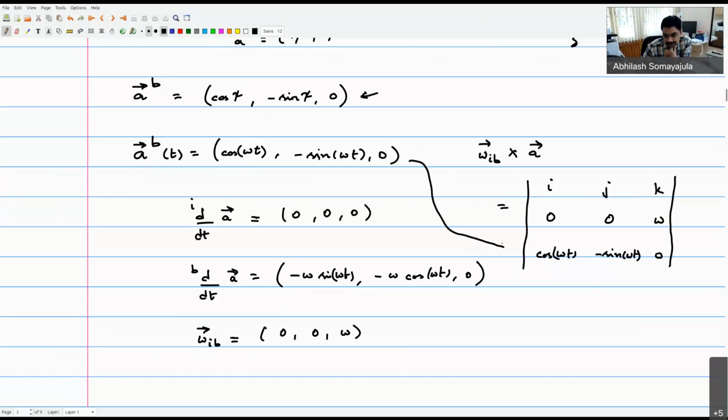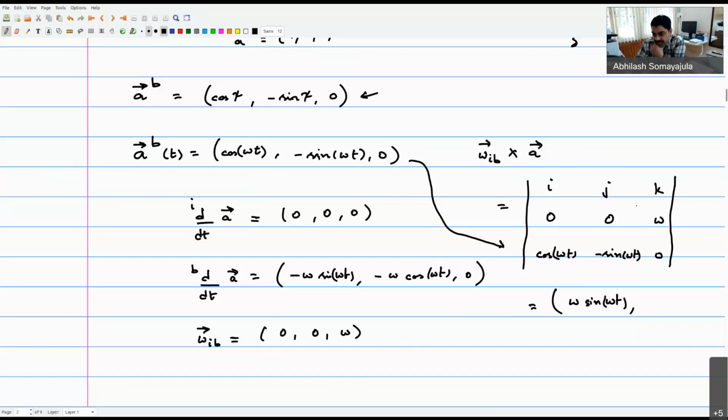This row here. What do I get when I solve this? What do I get for i? Plus omega sin omega t. It's omega sin omega t.